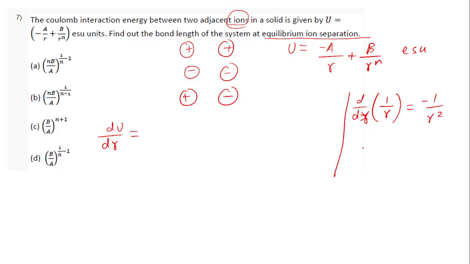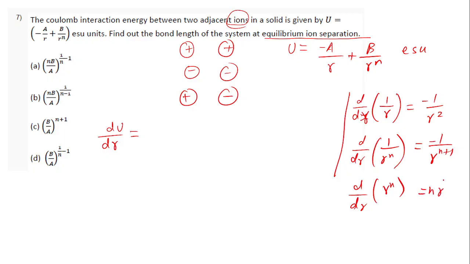The derivative of 1 over r to the power n will be minus n over r to the power n plus 1, and the derivative of r to the power n will be n times r to the power n minus 1. Just recall that these were the derivative rules.